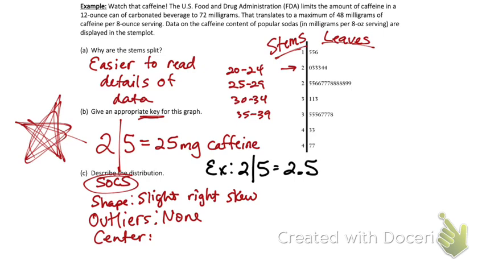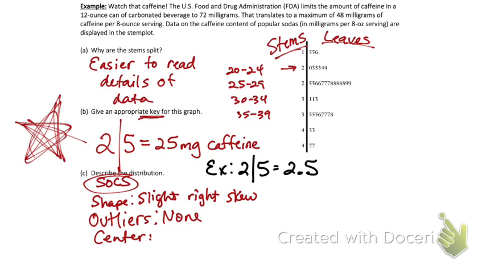Now, you have to be a little careful with a stem plot. You have to make sure that when you're marking numbers off, you go inward to get to the middle. Your stems are just there to read the numbers. They're not part of the data per se. So we're only going to focus on the leaves.